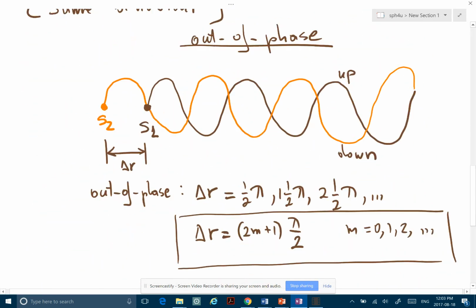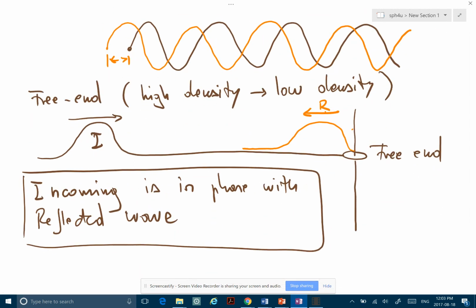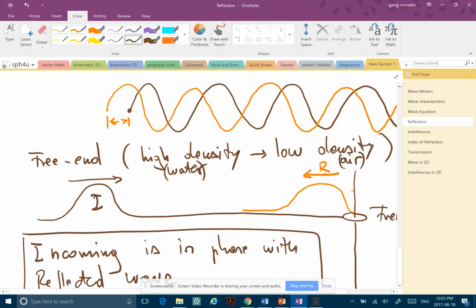Going from high density to low density is the reverse, going from water, for example, to air. All right.